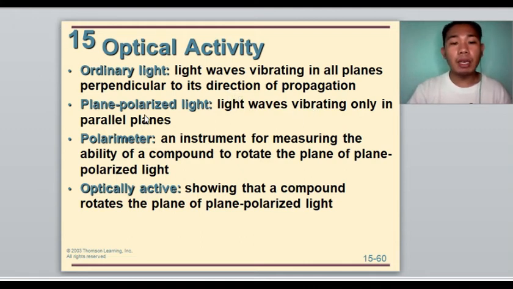Plane polarized light consists of light waves vibrating only in parallel planes. A polarimeter is an instrument for measuring the ability of a compound to rotate the plane of plane polarized light. And optically active shows that a compound rotates the plane of plane polarized light.